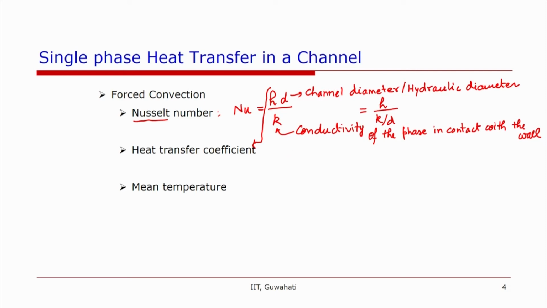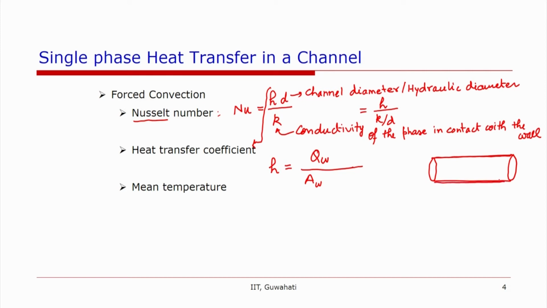Now, H is the heat transfer coefficient, which is defined as Q wall over area of the wall. It is important to remember that this is not the cross sectional area, but the area of the channel.